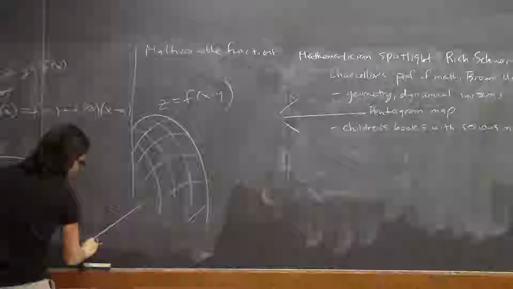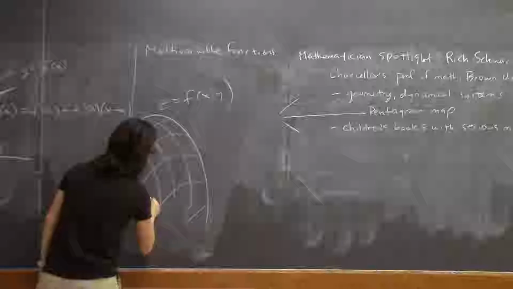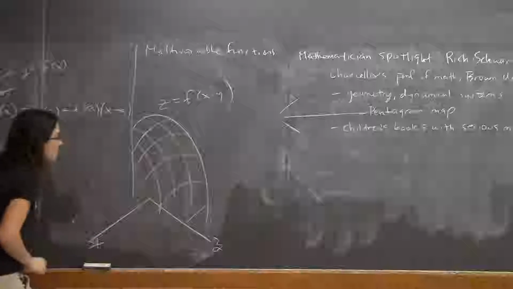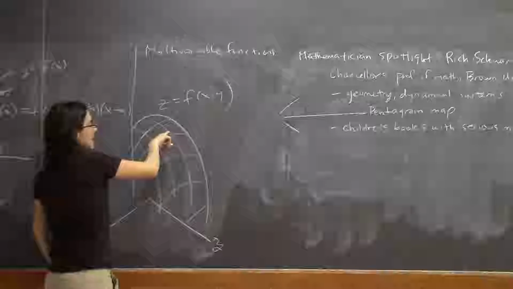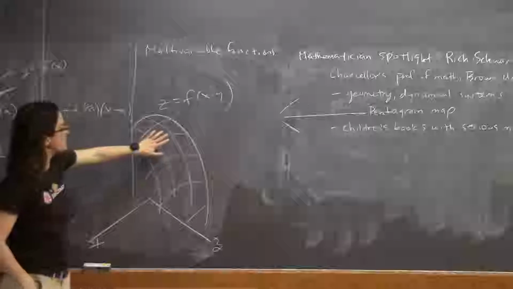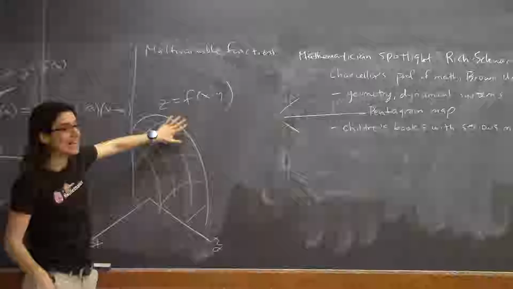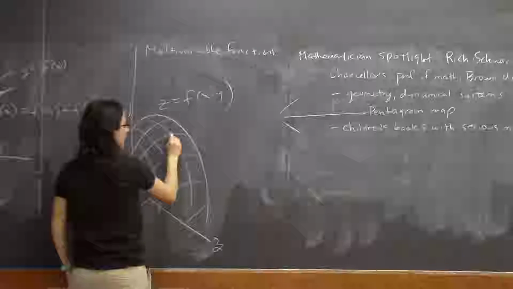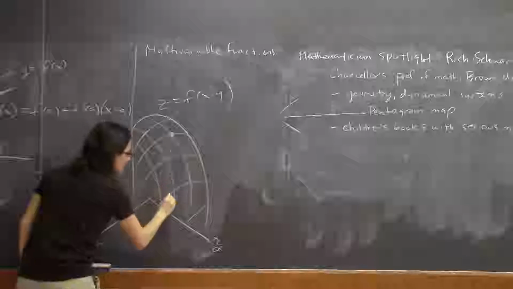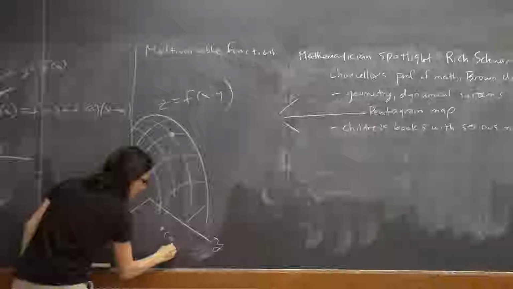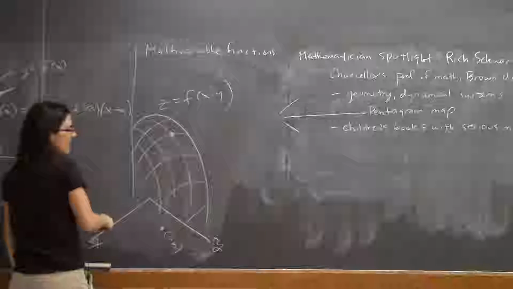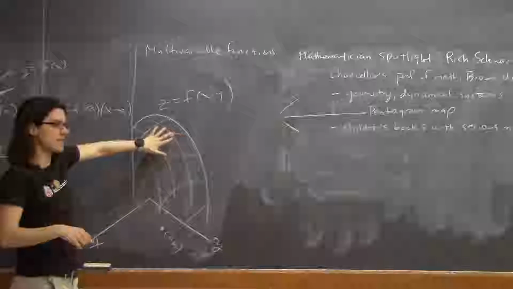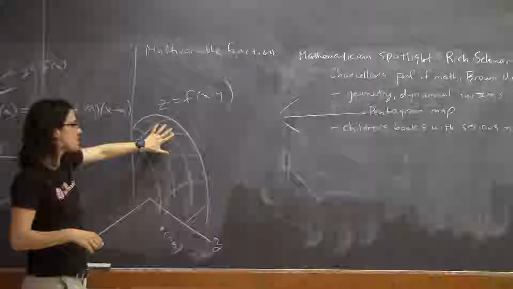Maybe this is the positive x-axis, and this is the positive y-axis. Okay, and we are interested in finding the tangent plane now instead of the tangent line at some point. So maybe this point is sitting above the point a, b in the plane. And we want to know what's the tilt of this surface at this point.